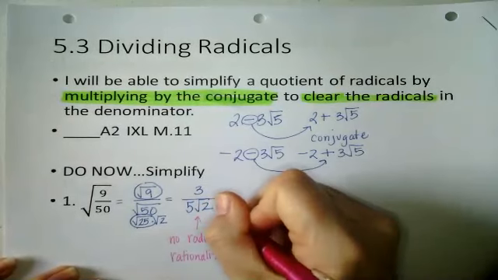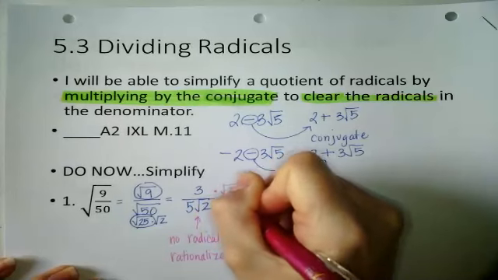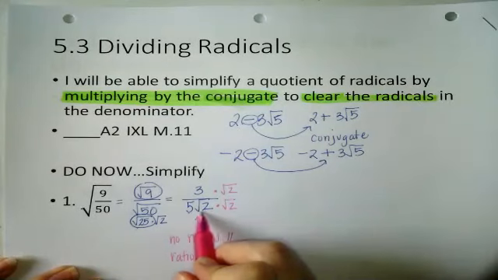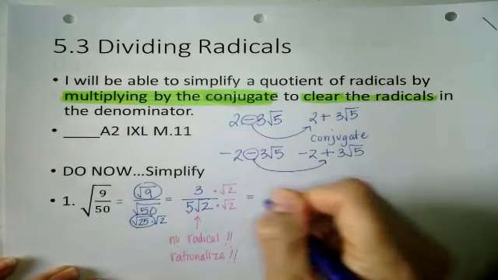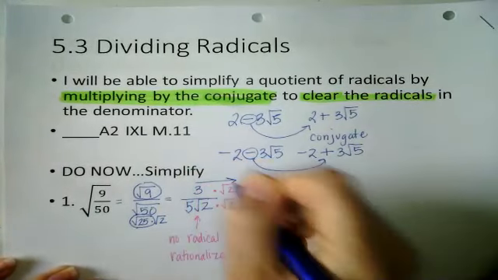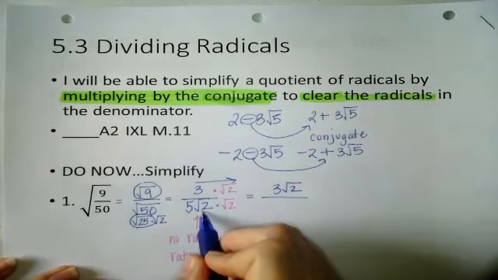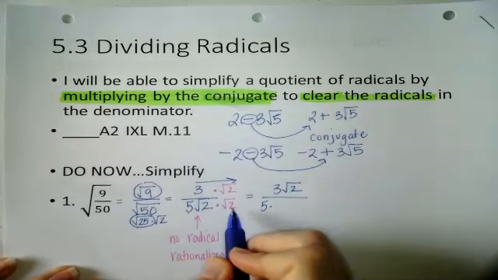So I'm going to go ahead and just multiply by radical 2 on top and bottom. The 5 is totally fine. So I really just need to get rid of the radical part. So that is nice. I'm going to go ahead and multiply straight across and see what happens here. Well, 3 times radical 2 is 3 radical 2. Here we have 5 times radical 2 times radical 2.